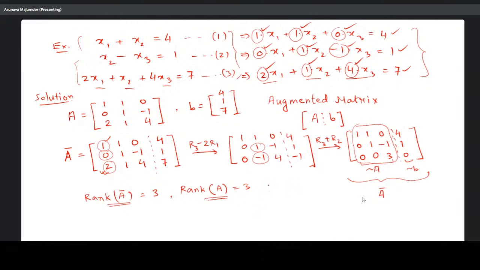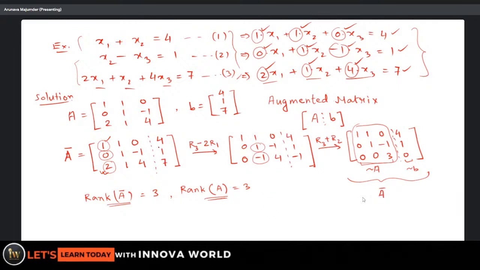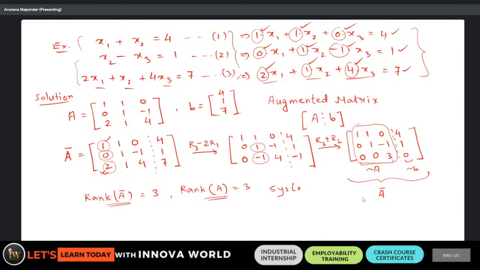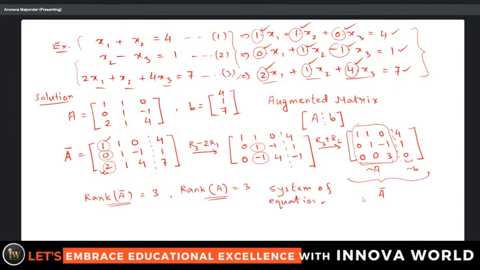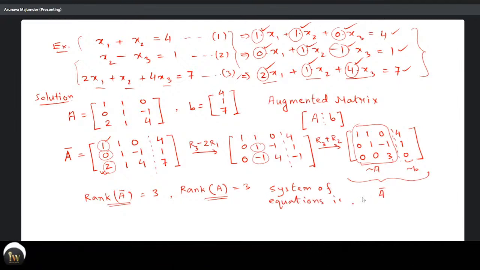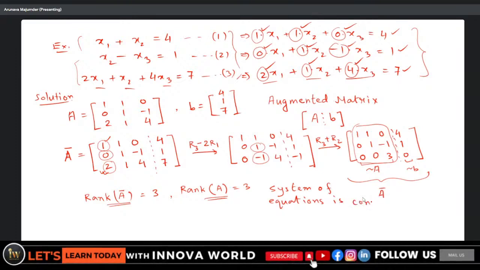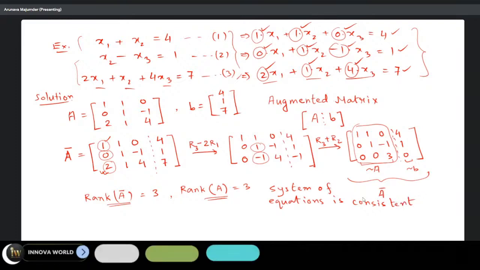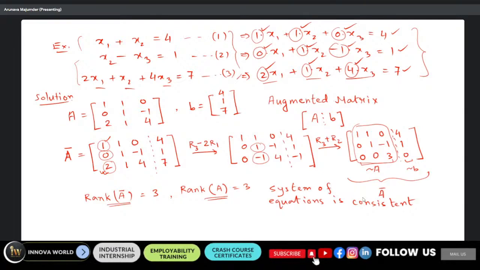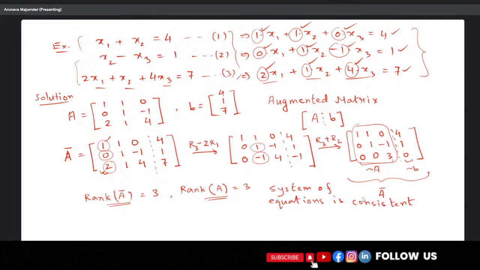If they are equal, then and only then we can say this system of equations is consistent. And what do you mean by consistent? Consistent means it has a solution. That solution may be infinite, may be unique.